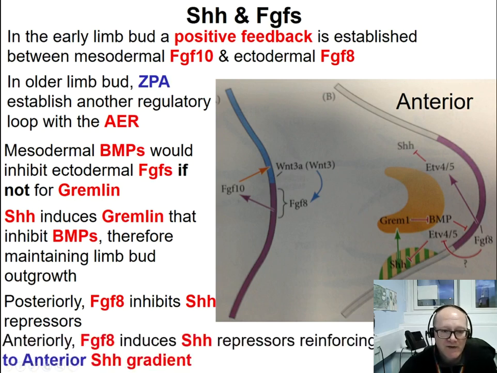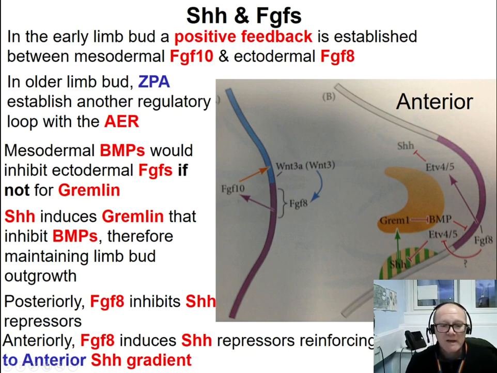However, in the anterior region, the levels of FGF8 are different, and these levels do not repress the activity of the inhibitors, but actually promote the expression of inhibitors of SHH. So in the anterior region, SHH is not allowed to be expressed, and it is allowed to be expressed only in the posterior region. And this helps form the SHH gradient that we talked about a minute ago, that is important for the definition and specification of the different digits.